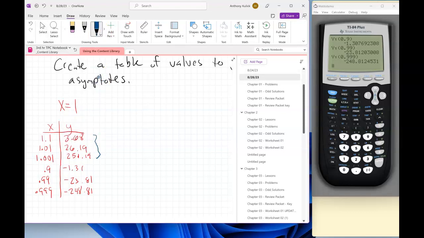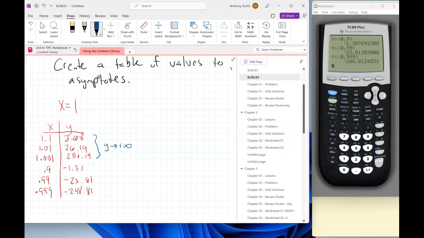And what do I notice here as I'm getting closer and closer to 1 from the right, from the values that are bigger than 1? What does it appear that the y is heading towards? It's like it's going to positive infinity, right? Those numbers just keep getting bigger and bigger and bigger, right?